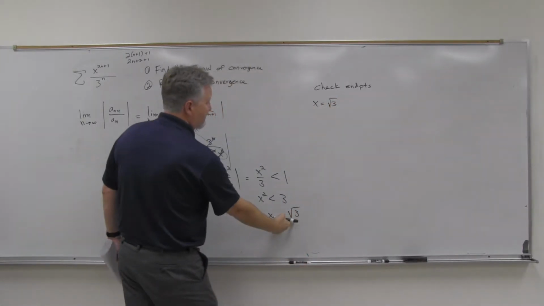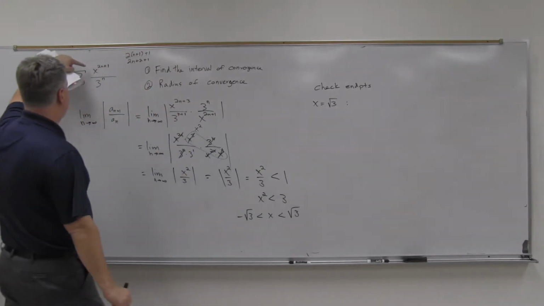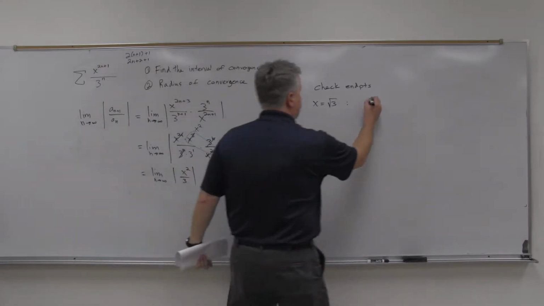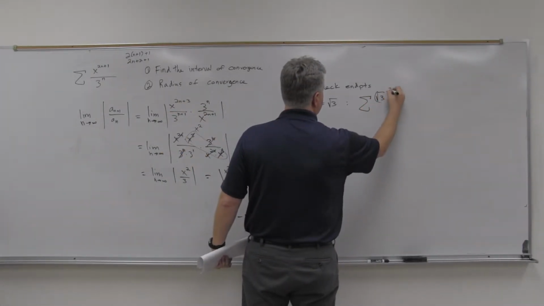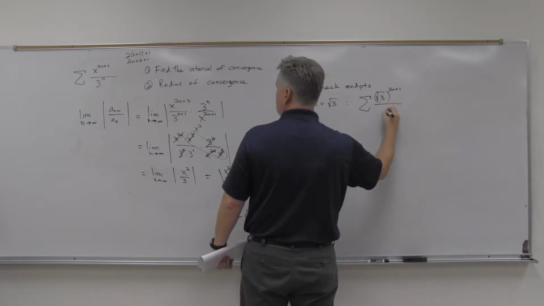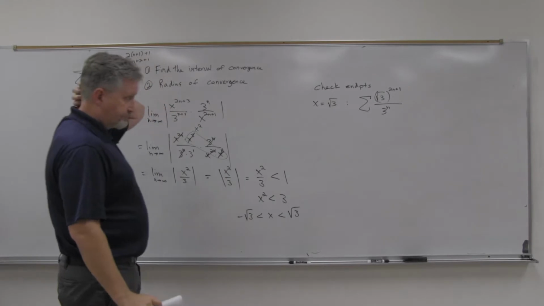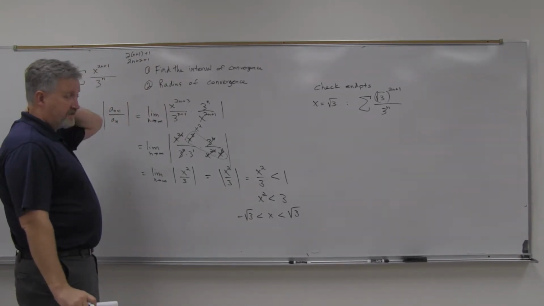So we're going to check the square root of 3. And so that just means go all the way back here and put in x as the square root of 3. Just substitute it straight up for that. See what series that gives you.